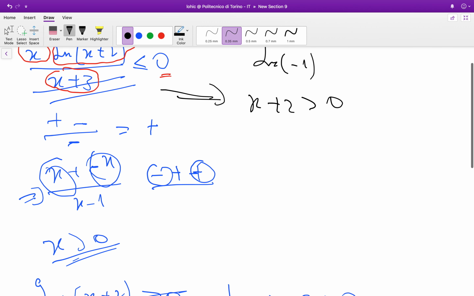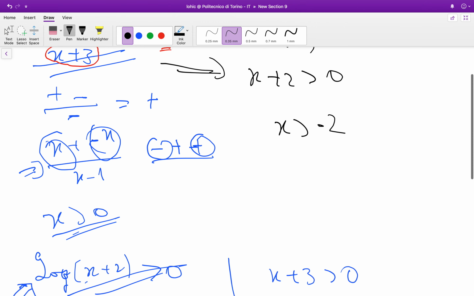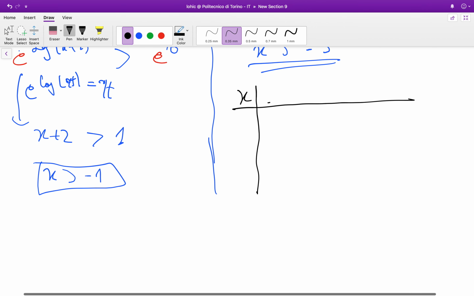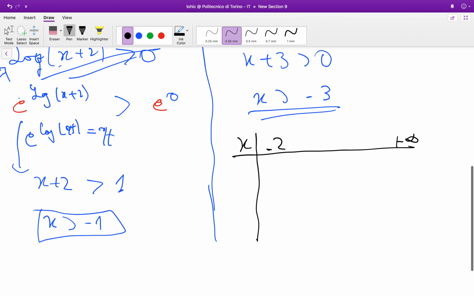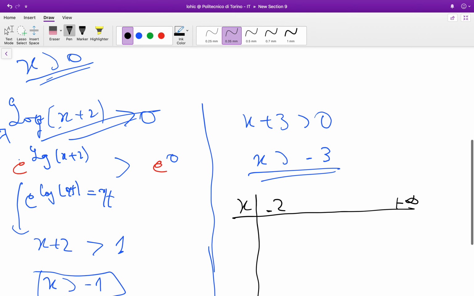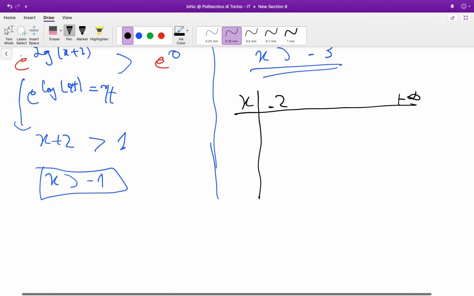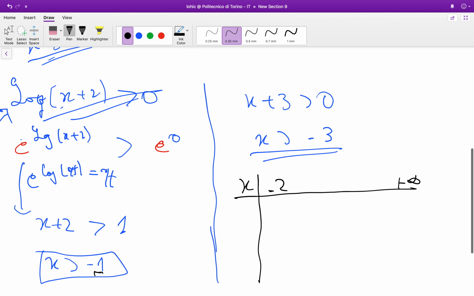So the equation makes sense only when x is greater than minus 2. So the domain for this equation will be from minus 2 till plus infinity. Then you have to sign up all the points that we saw. Which points did we discover? We need the point minus 1 and the point minus 3.